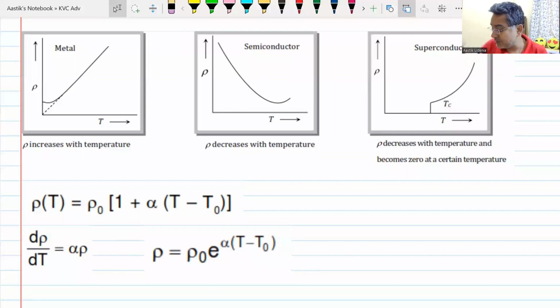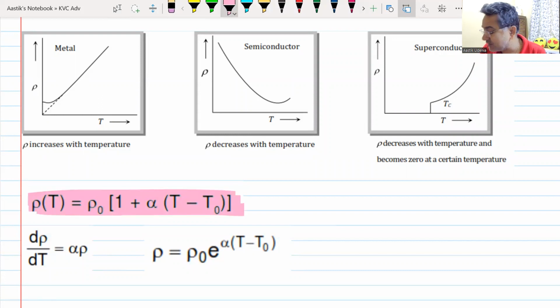And this is the formula of resistivity with temperature change, and you can see this formula is the same as the dependence of resistance on temperature. In fact, resistance changes with temperature only because resistivity changes with temperature. Do we understand this? Yes, sir. So you can write this formula in the differential form as d rho by dt is rho into alpha, and if you solve this, this is the actual formula of resistivity.